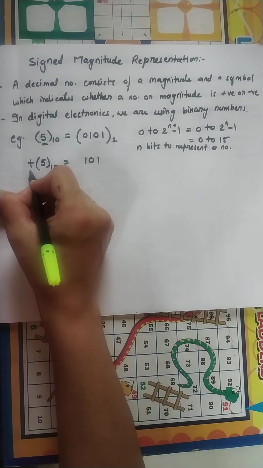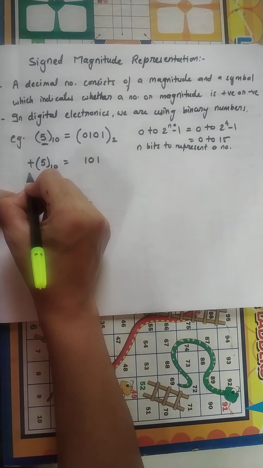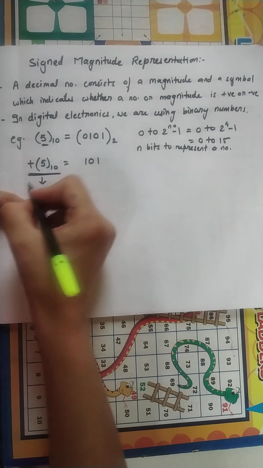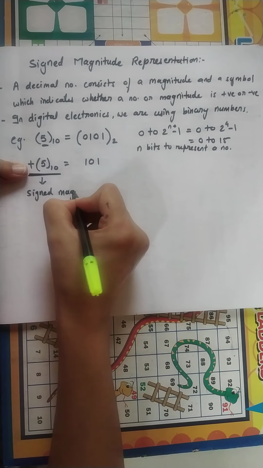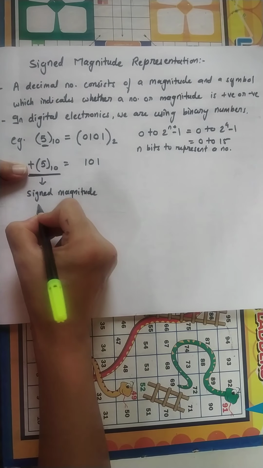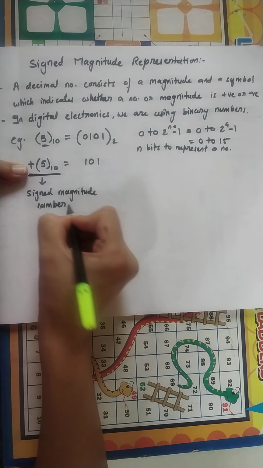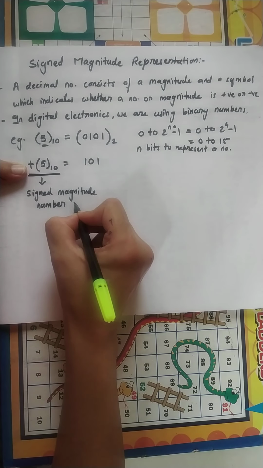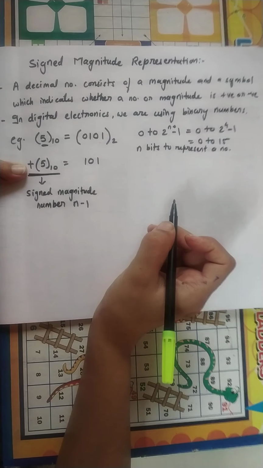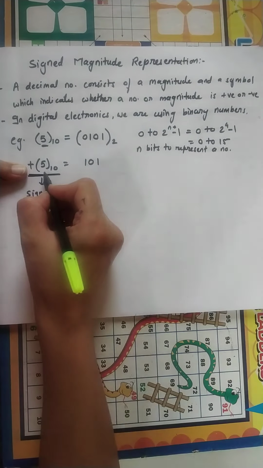But in a signed magnitude number, we use only n minus 1 bits to represent the magnitude.